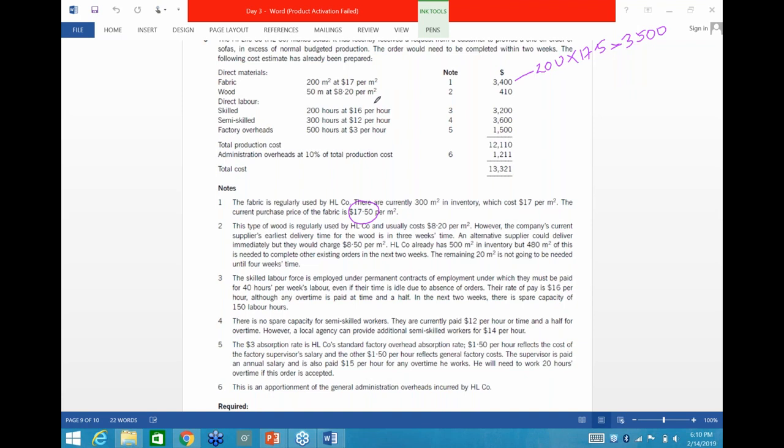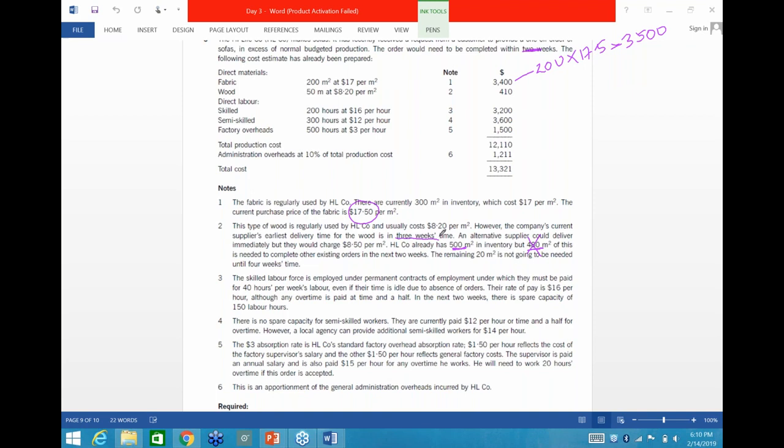Okay, right. So now we need 50 square meters. We have 500, but from the 500, I need 480 within the next 2 weeks. Ideally, this order also needs to be completed in 2 weeks. So I cannot take this 480, but I can take the 20. The remaining 20 is not going to be needed until 4 weeks' time. Okay, I can take the 20 assuming I will order some material and that usually comes in 3 weeks.